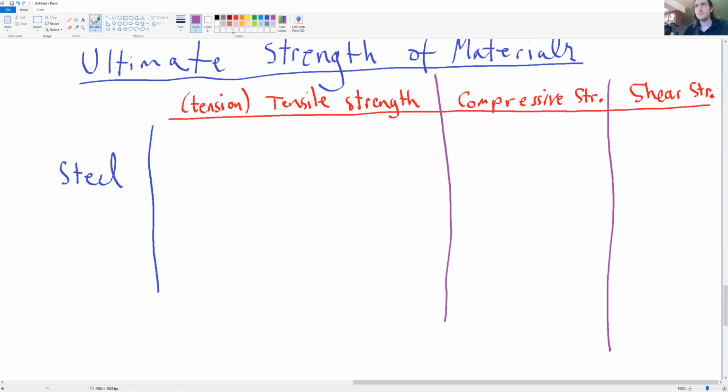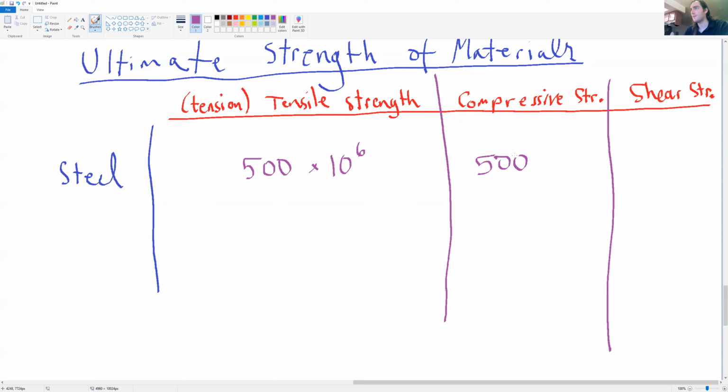Okay, so steel. Steel is the same in tension and compression. So what we're going to see here is the ultimate strength of the material is given, and I'll just copy the numbers from the book. It's going to be the same for the tensile and compressive. That's what I'm getting at here.